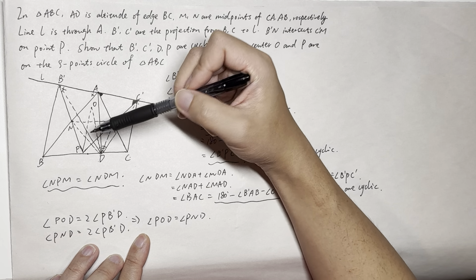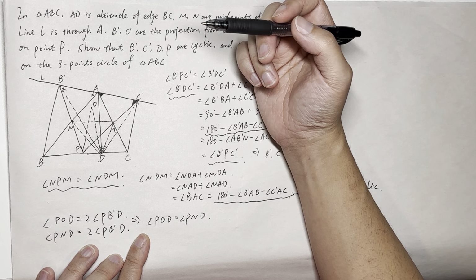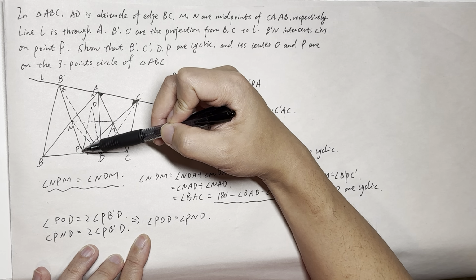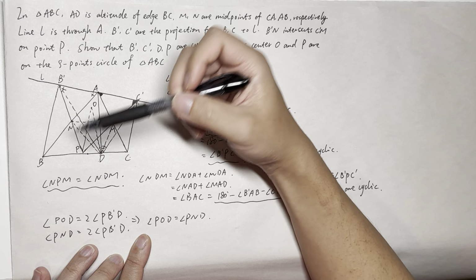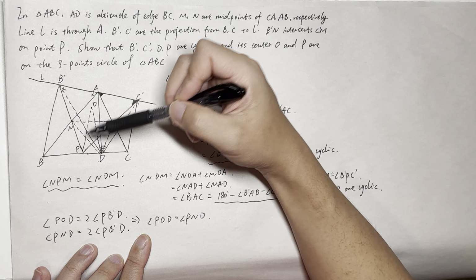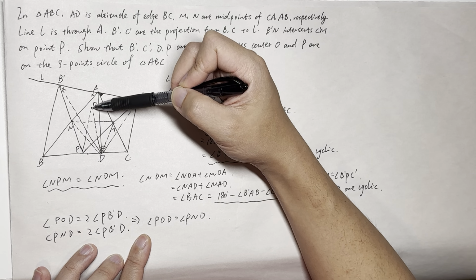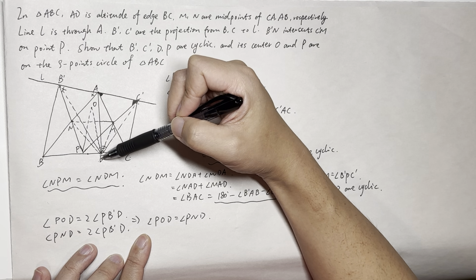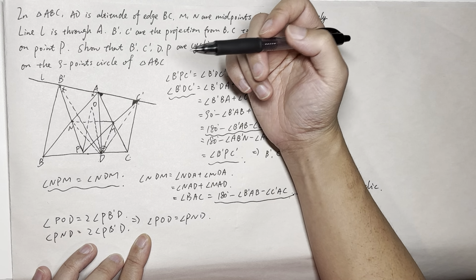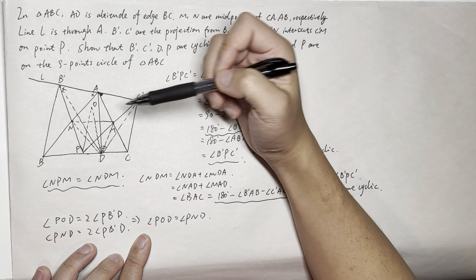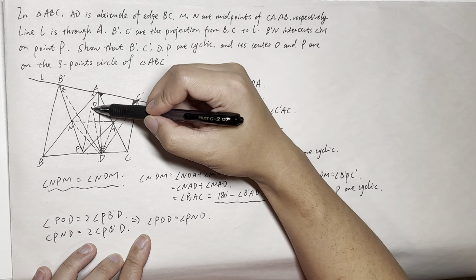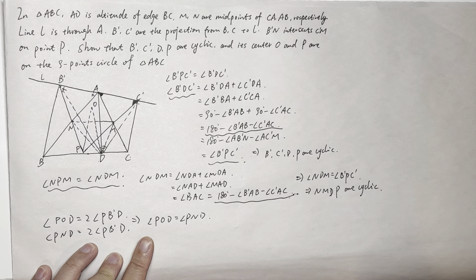And PND already defines the 9-point circle, which means the circumcircle of PNOD is also the same circle as that of PDMN, right? That's the 9-point circle. So O is also on the 9-point circle.